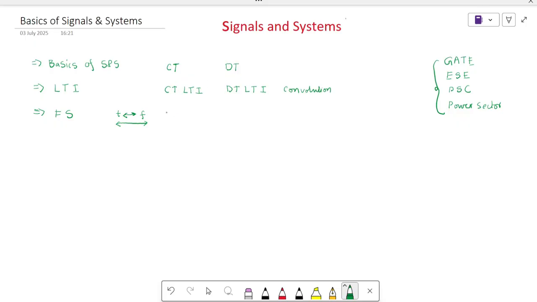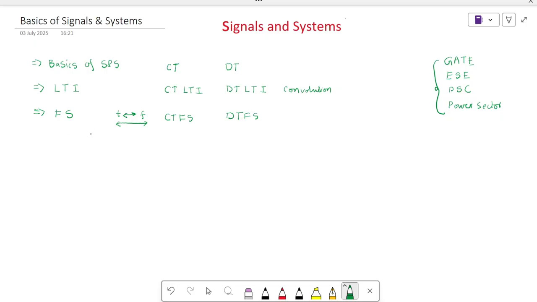For CT we will learn the Fourier series called continuous time Fourier series, and in case of discrete time, it is called discrete time Fourier series. It means the Fourier series concept is applied individually for continuous time and discrete time. So here we have two types of Fourier series.